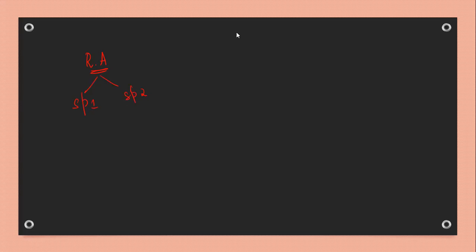Each sub-problem is solved individually and we find a solution for both of them. Later these solutions are merged and we get the final solution for our recursive algorithm.